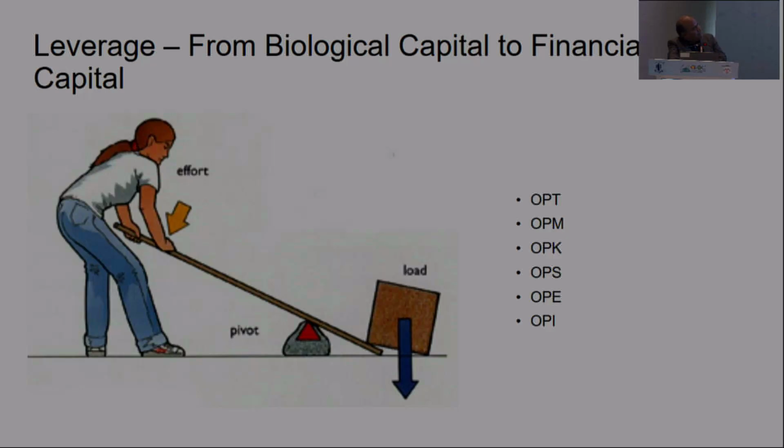The other important thing which we fail to do is leverage. This big block of iron cannot be lifted by this woman, but when you have a pivot, you can use that pivot as leverage. So even with less effort, you can lift a heavy load.